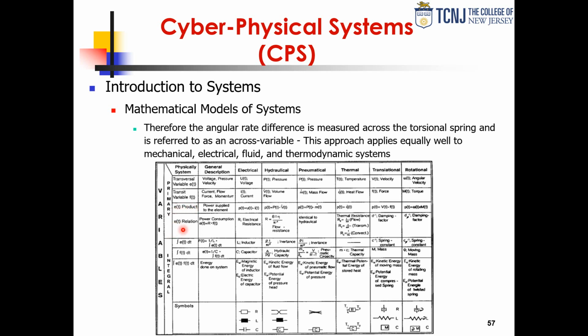You can take the integral of it, and you can calculate things like energy, and you also have even symbols for it, where if you have a thermal system, you actually can have a schematic.